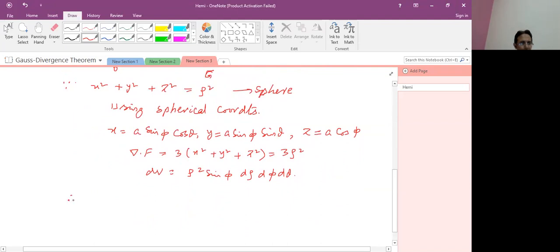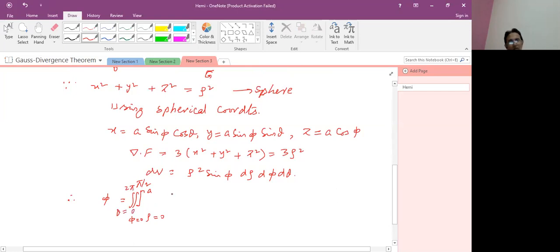Now therefore, phi is equal to the triple integral. The limit of rho is 0 to a, the limit of phi is 0 to pi by 2, and the limit of theta is 0 to 2 pi.